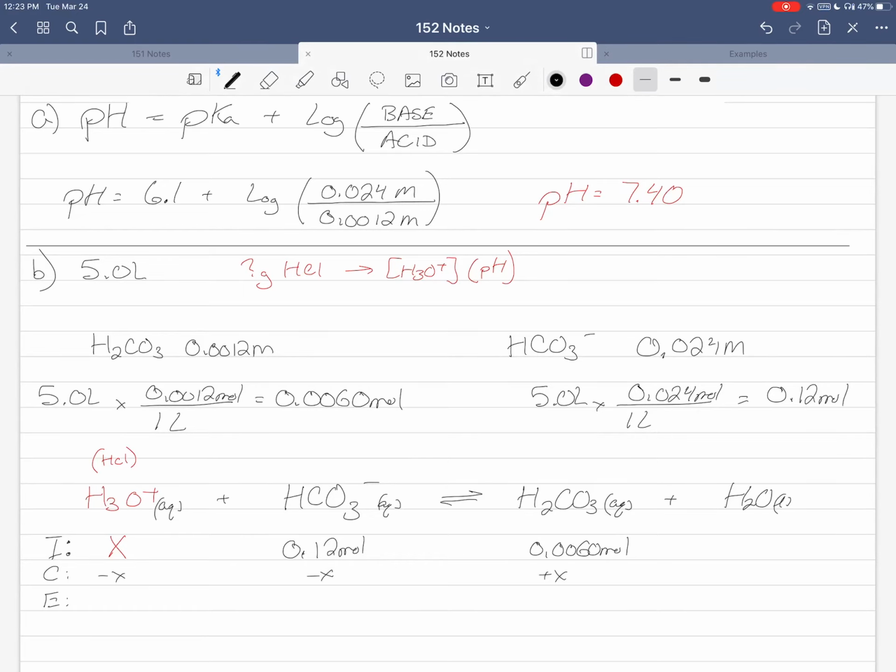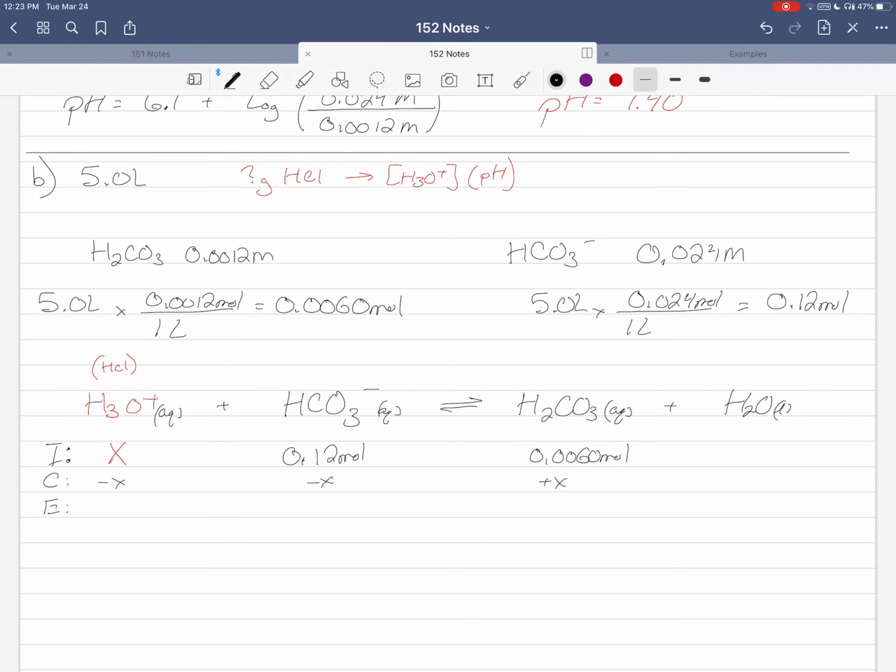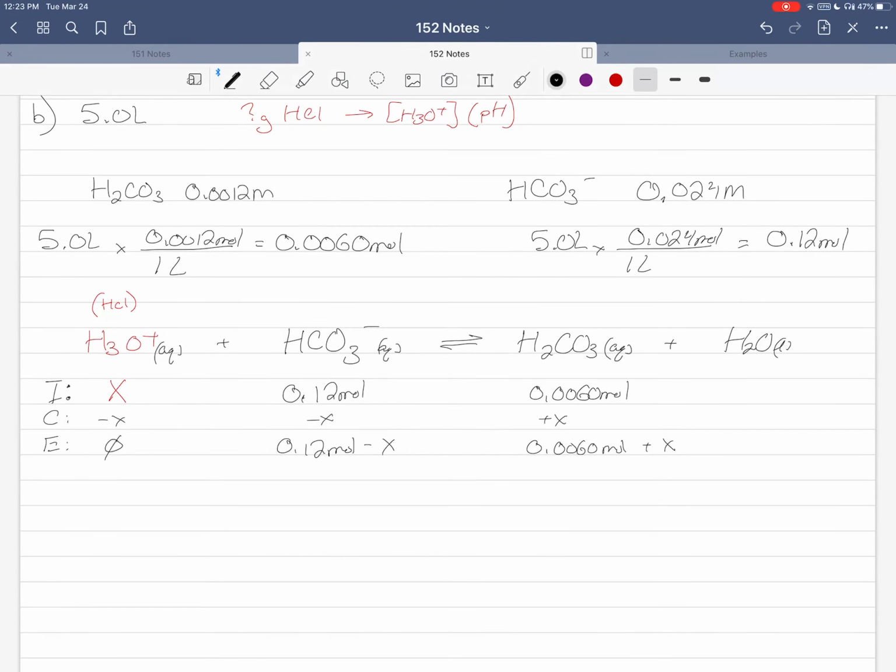So at the end, I'm going to have virtually no added hydronium. I'll have 0.12 moles of bicarbonate minus whatever we added, and 0.0060 moles of carbonic acid plus whatever we add. The same Henderson-Hasselbalch equation. Why can I do that? I have a buffer still. Neither one of those is 0, and we're assuming that it's not going to be 0.